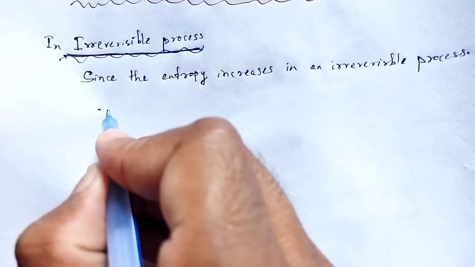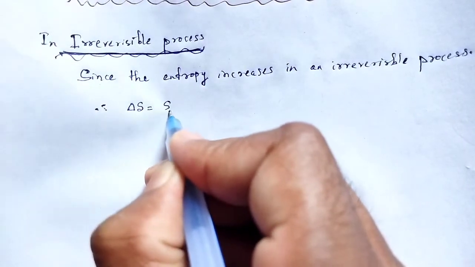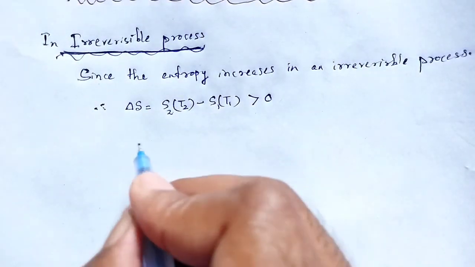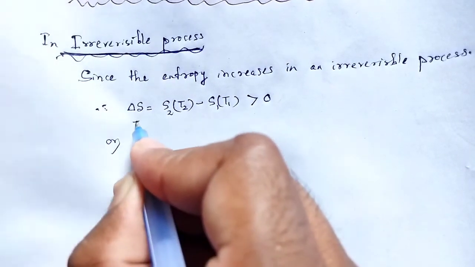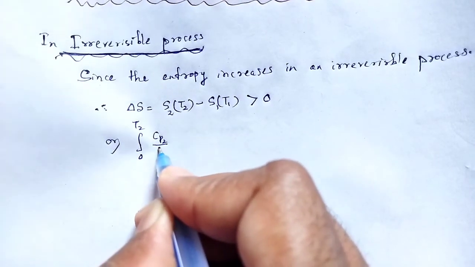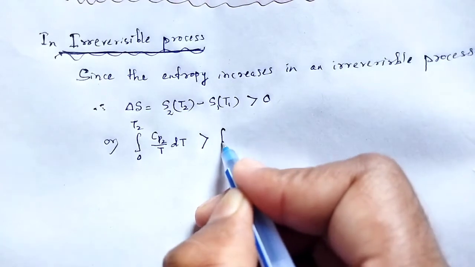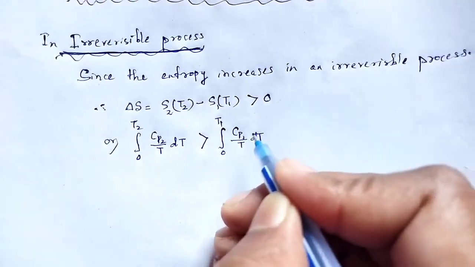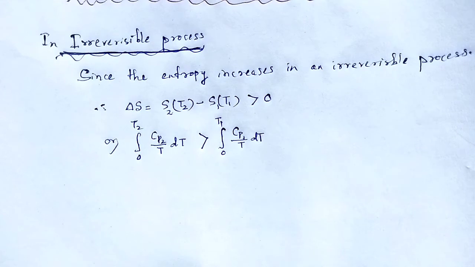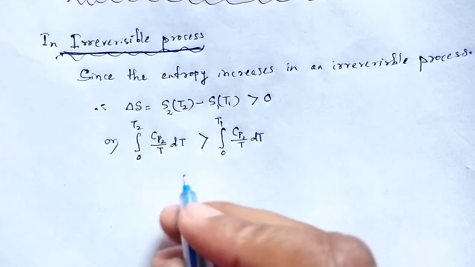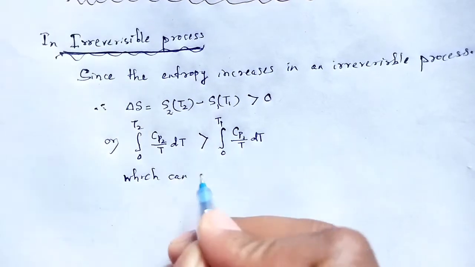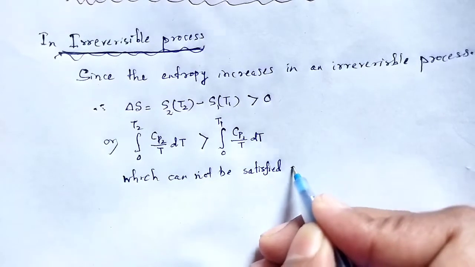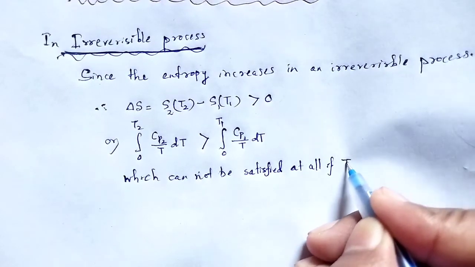therefore, the change in entropy, that is S2 at temperature T2 minus S1 at temperature T1, is always greater than 0, or the integral from 0 to T2 of Cp2 by T dT is always greater than the integration from 0 to T1 of Cp1 by T dT, which cannot be satisfied at all if T2 is equal to 0.